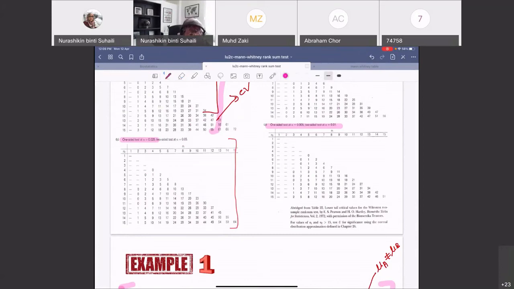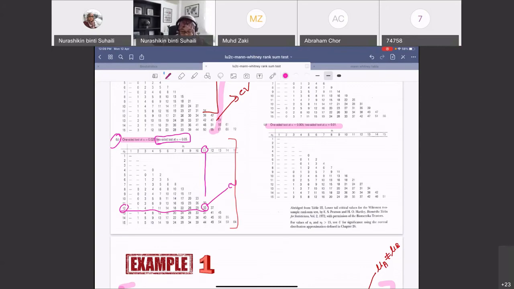This is actually the condition, so you have to use the B table. N1 just now is 11 and N2 is 12. So this is the value that you have to refer, 33, the CV.